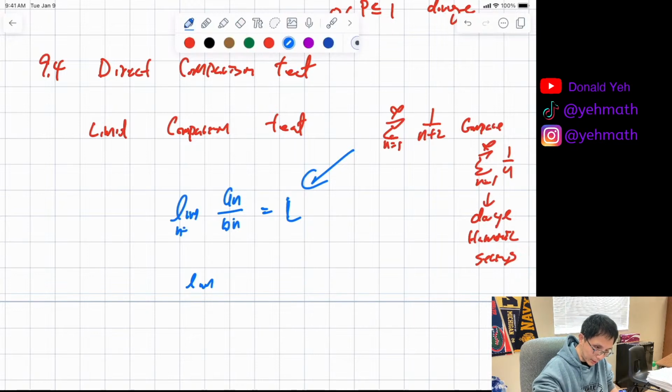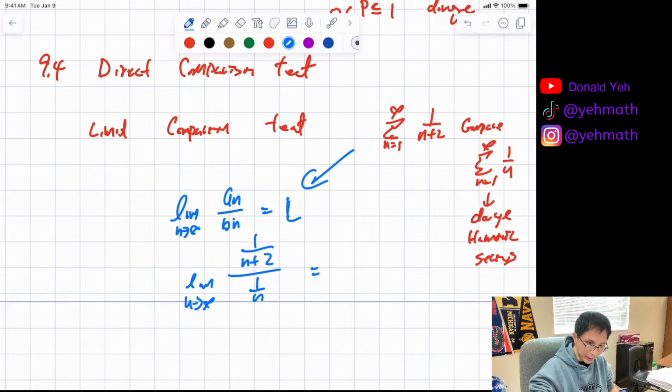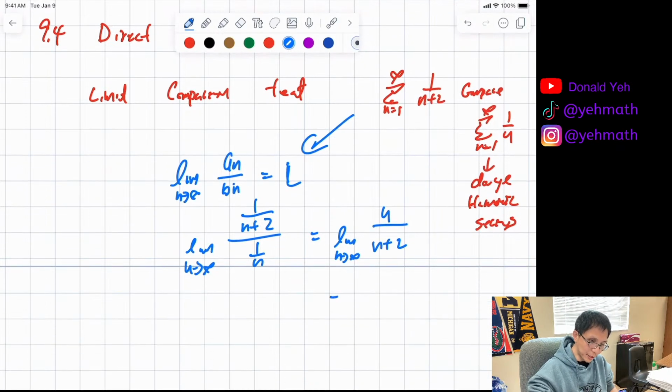The limit as n approaches infinity. So I'm just comparing this 1 over n plus 2 over 1 over n, as n approaches infinity, and that's going to be the limit as n approaches infinity of n over n plus 2. And that eventually is going to be what?